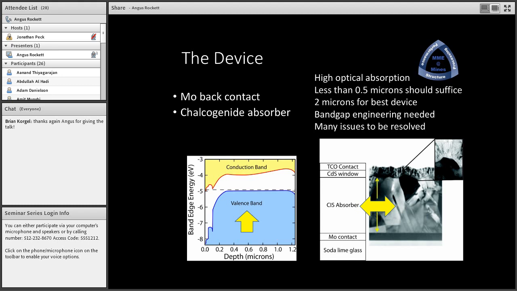The problem with that, of course, is that you're wasting a lot of expensive metal and source material and so forth. You have the potential for series resistance. And it's a continuing question as to why you need a micron to a micron and a half of material that is effectively inactive in the device.